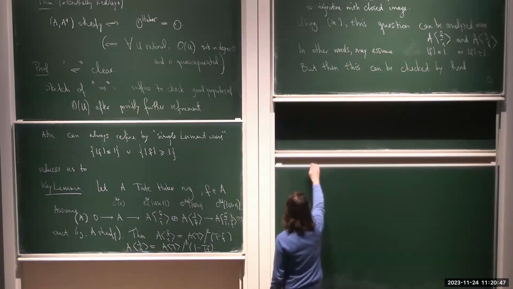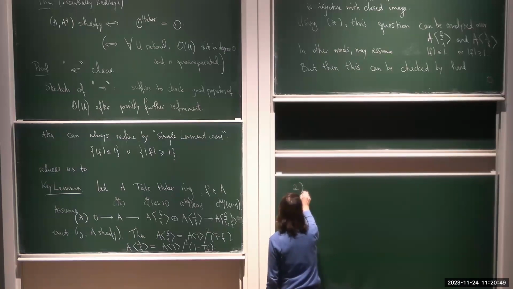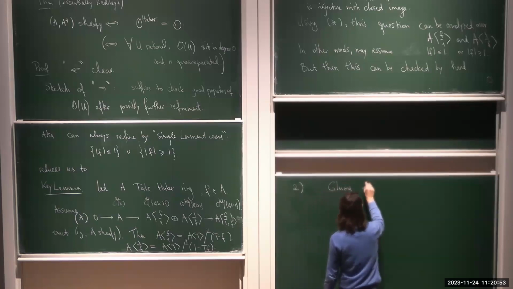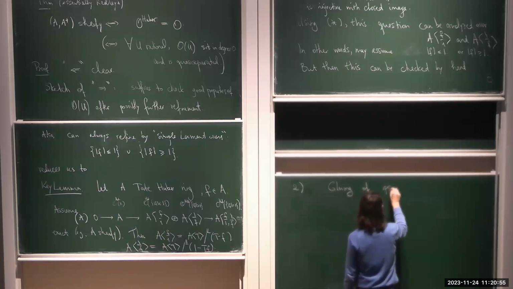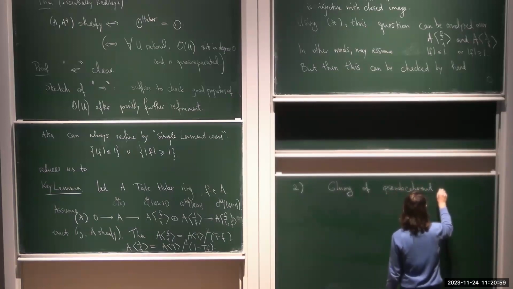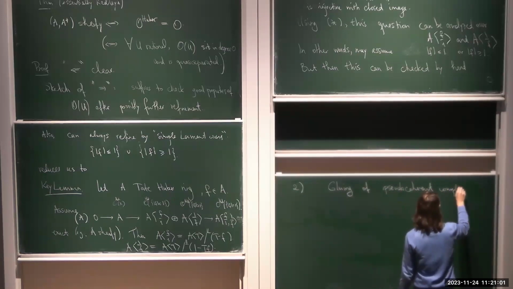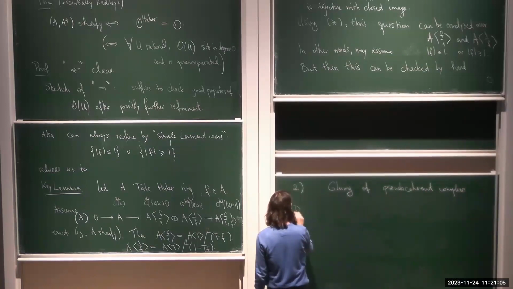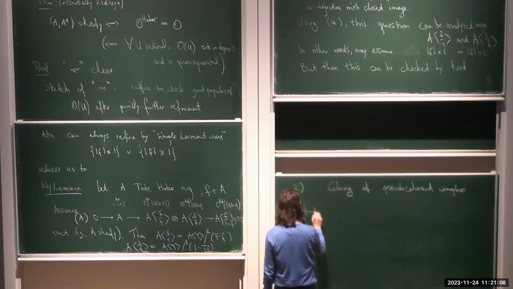And so now we come to the second part, which is the gluing of pseudo-coherent or perfect complexes. So here the definitions. What does the pseudo mean?